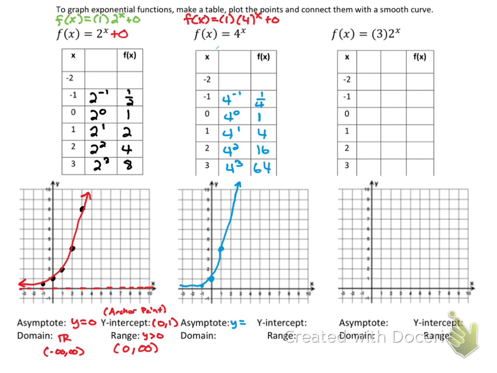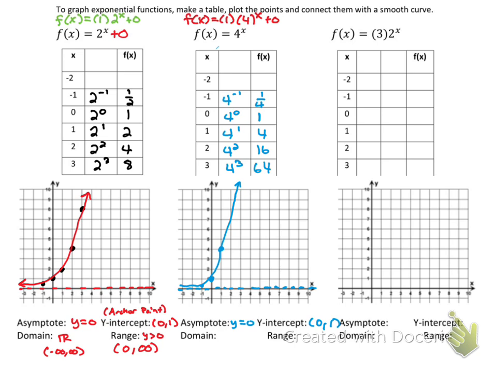What would that asymptote be there, that horizontal asymptote? Y equals 0. And what would that anchor point be? 0, 1, beautiful. All right, make sure you're putting that dashed line in there for the asymptote.